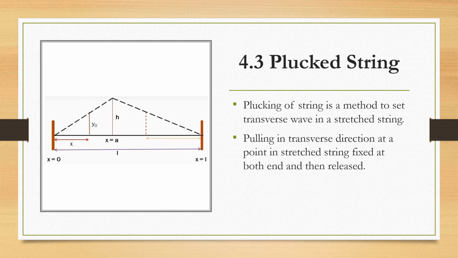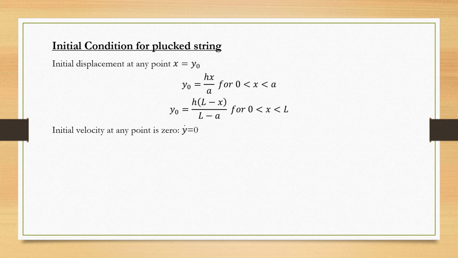Okay, next is about the plucked string. Basically we need to know the initial conditions for every equation. For the plucked string, the initial displacement at any point is y0, and the initial velocity at any point is 0, y dot equal to 0.